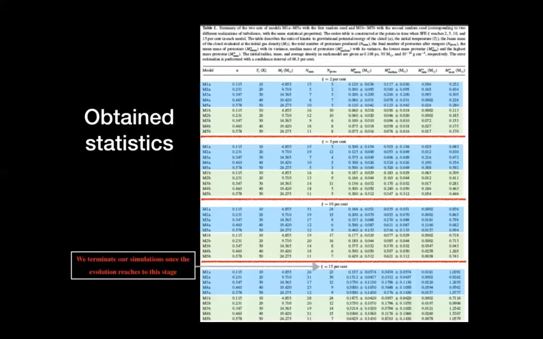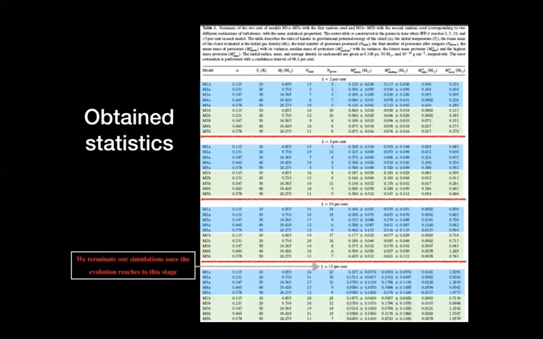Then we have some statistics. With all these 5 models run with 2 seeds, we got some statistics to analyze how the system is really evolving over time.